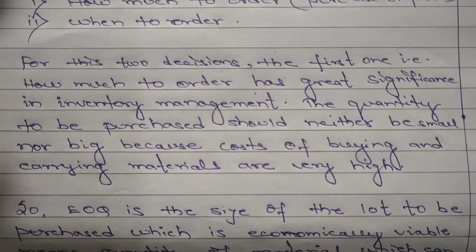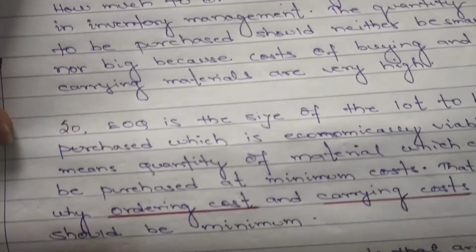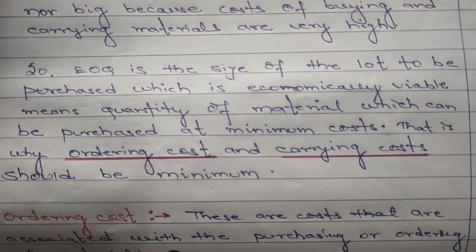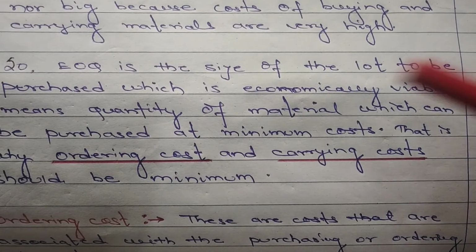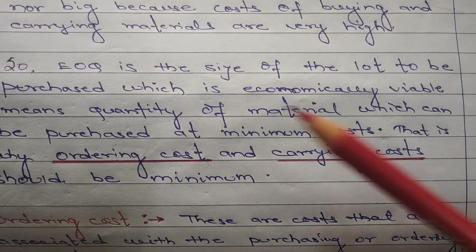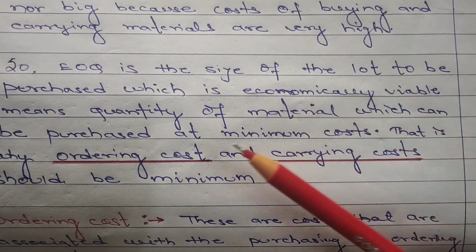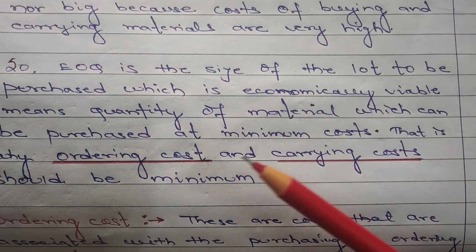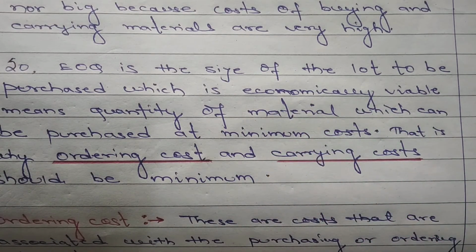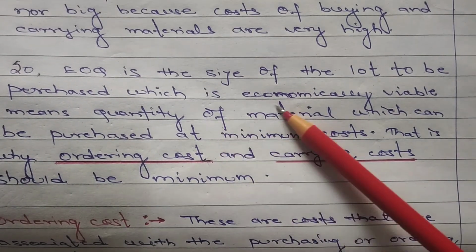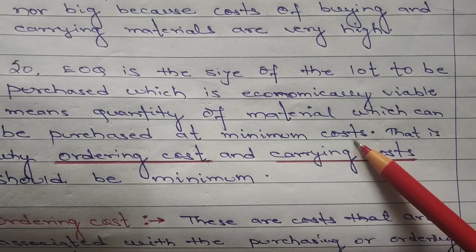Next, EOQ is the size of the lot to be purchased, that is, the size of a particular lot every time you put in a purchase order, which is economically viable. Economically viable means it should be at minimum cost, the quantity of material which can be purchased at minimum cost.